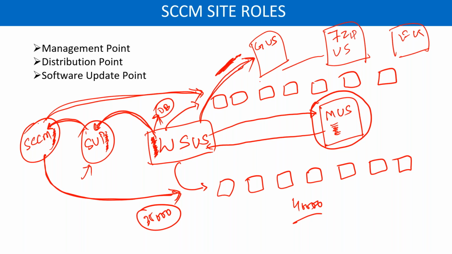Similarly, you have to configure the 7-zip update server, the Firefox update server. That is possible, but only a few companies are dumping updates to their server for WSUS to communicate with. Only very few. Java is also there, but that is not recommended, right?